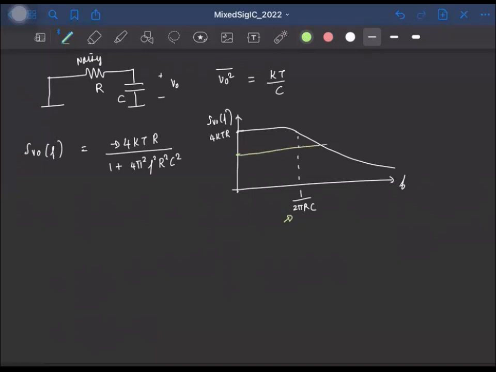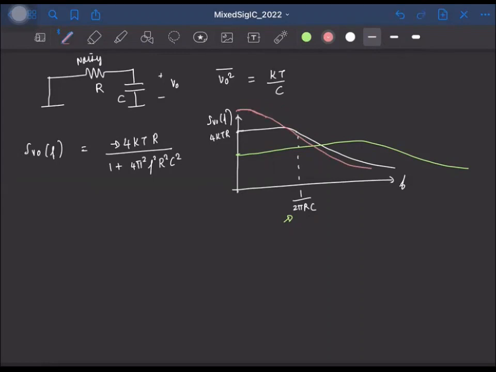So I'll get some curve like this, right? And similarly, if you increase the resistor, this portion will increase, but the cutoff frequency will decrease, right? So you might get some curve like this.